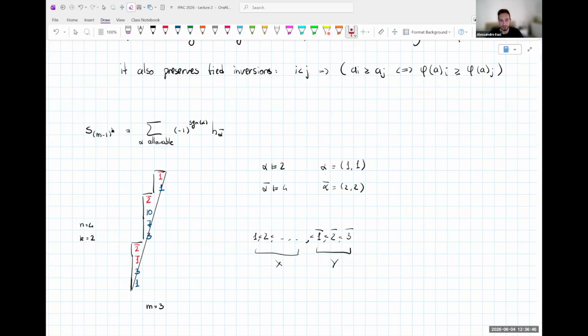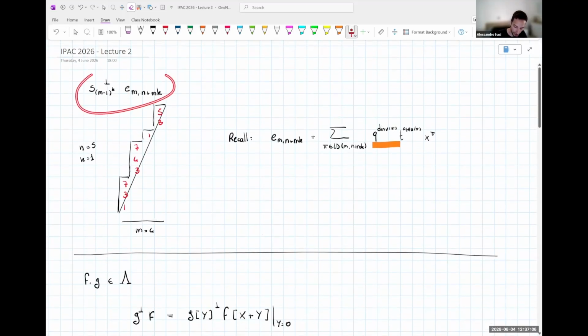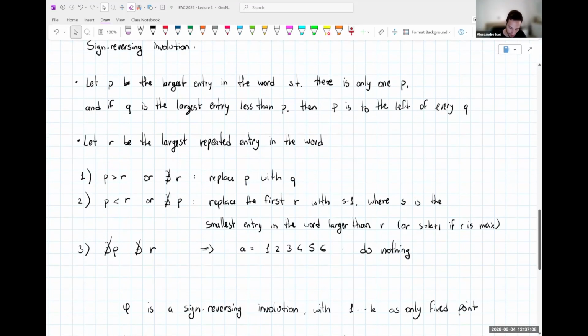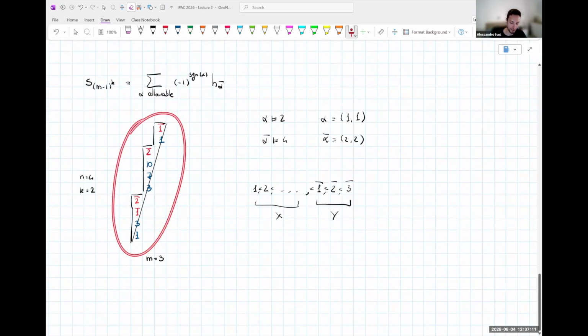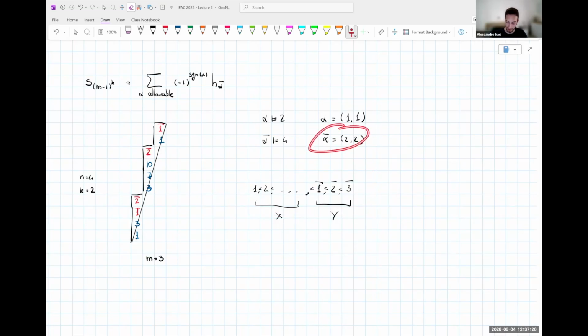The coefficient is not going to be there. And then those have to be exactly the only barred numbers appearing, because if not, when I set y equals to 0, that term also disappears. So when I look at this object here, I can restrict myself to paths labeled in this alphabet, such that the content given by the barred labels is the complement of some allowable composition.